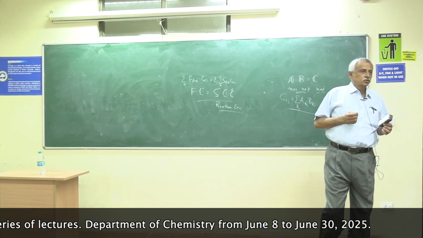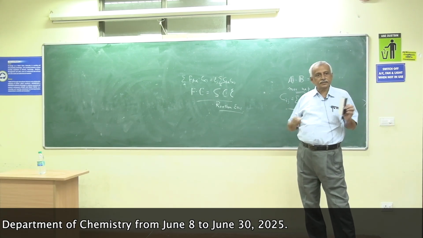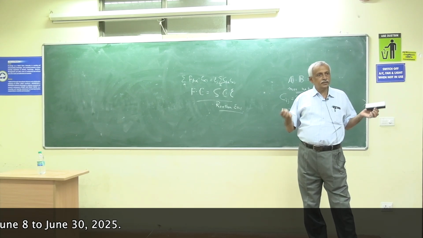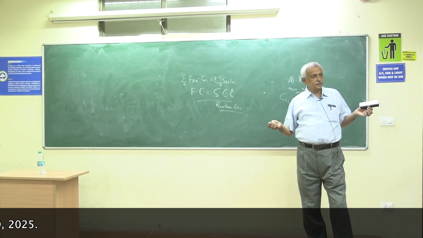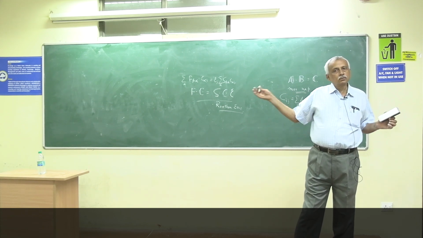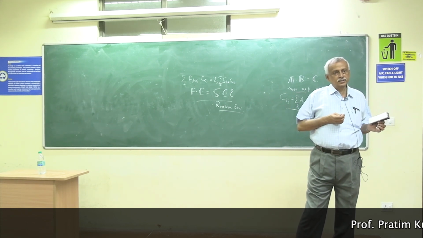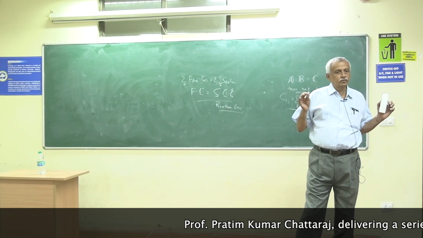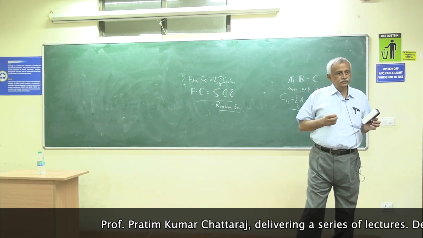So first you have to construct this matrix, and that also you have learned. Matrix representation of an operator, like here the Fock operator, what is the matrix representation in the given basis set chi, and then we have to solve these eigenvalue equations, and that is your Roothaan equations which you can solve. Okay?